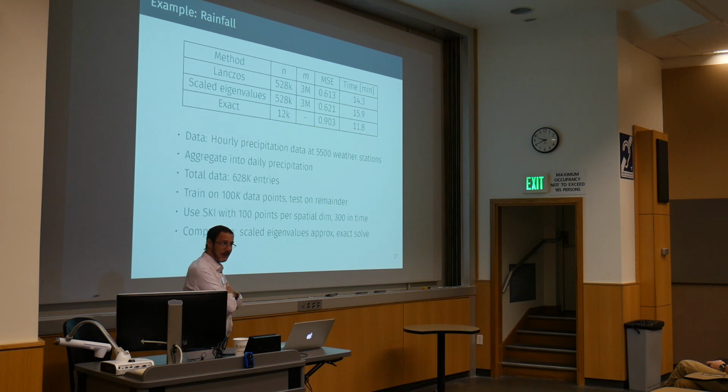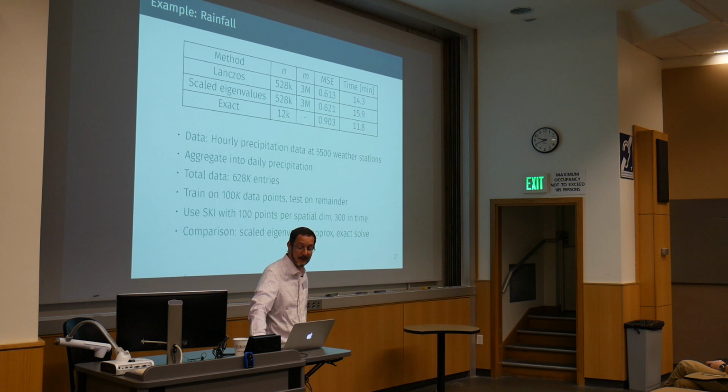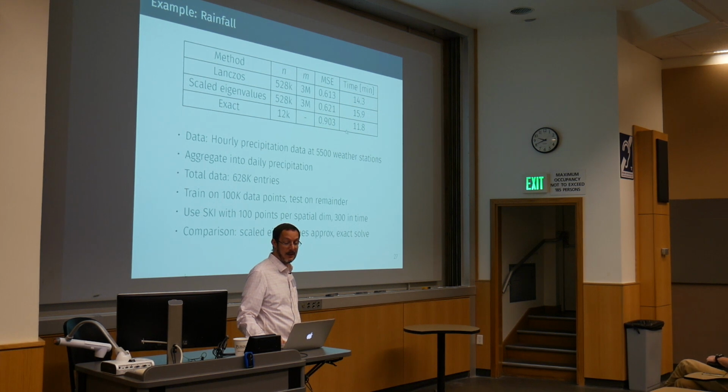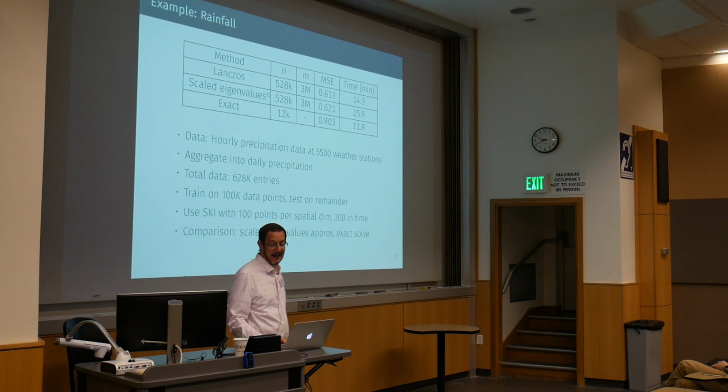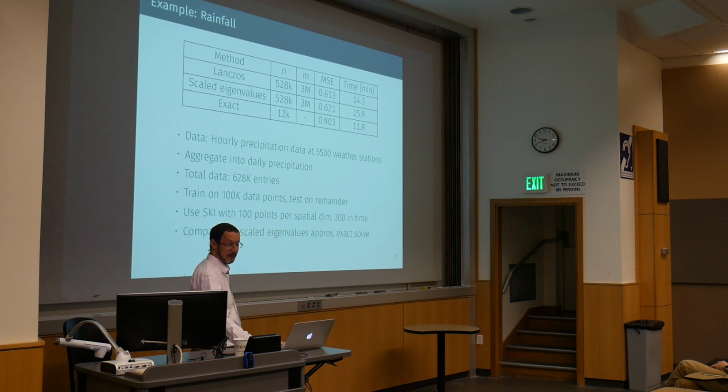We were using the structured kernel interpolation idea in order to do our fast matrix vector multiply with the kernel matrix. And we've got some comparisons in time and mean squared error between our method, the exact computation, and a somewhat hokey approximation to the log determinant that came up earlier.